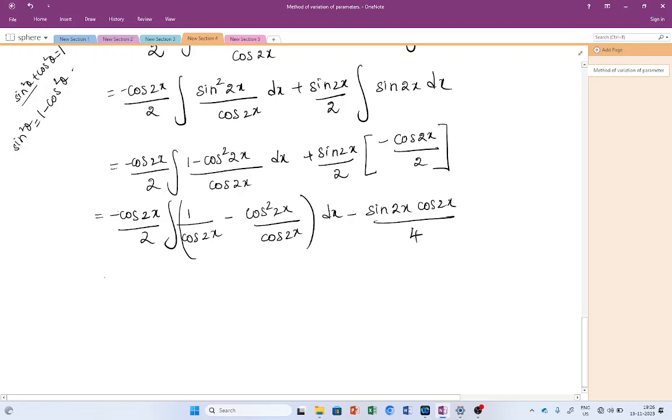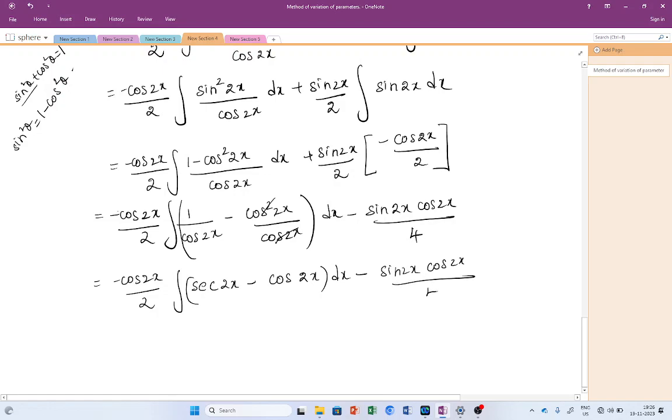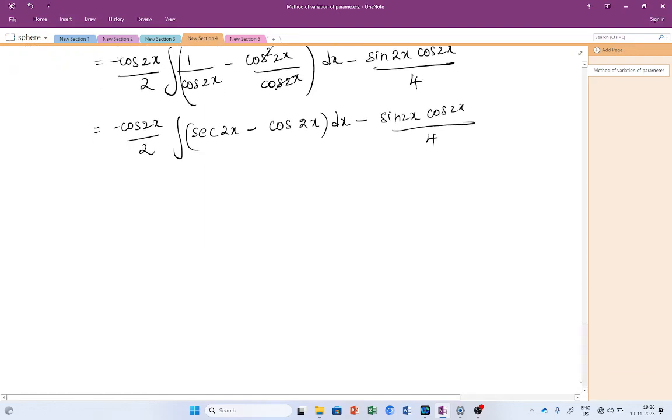Okay. So it is equal to minus cos 2x by 2. 1 by cos 2x is nothing but secant 2x. One of the cos 2x and one of the cos 2x will get cancelled. So it is minus cos 2x dx minus sin 2x cos 2x by 4. Okay. So it is minus cos 2x by 2.